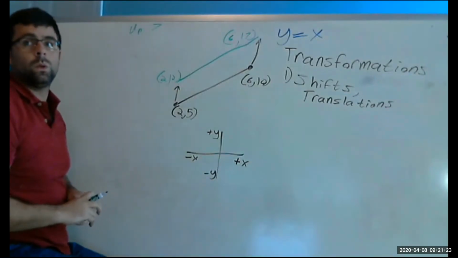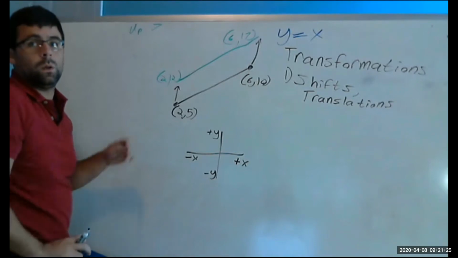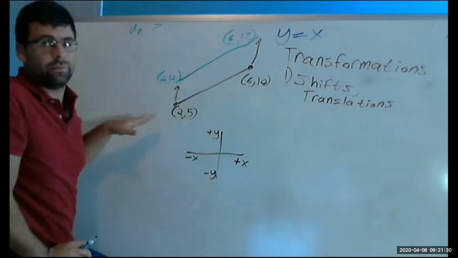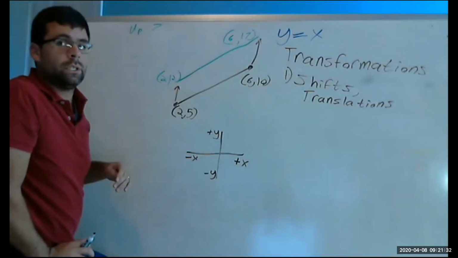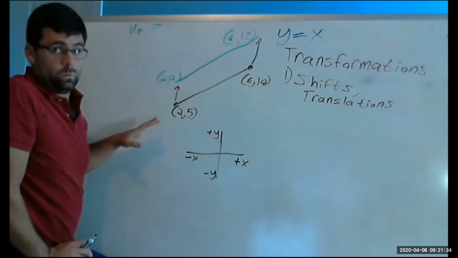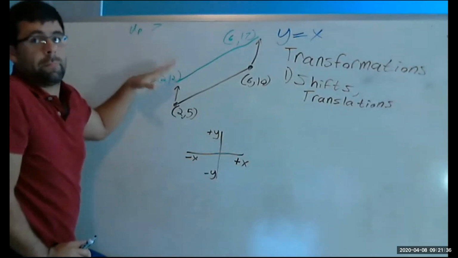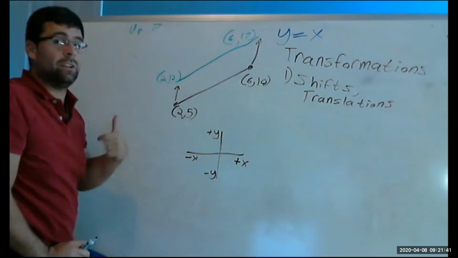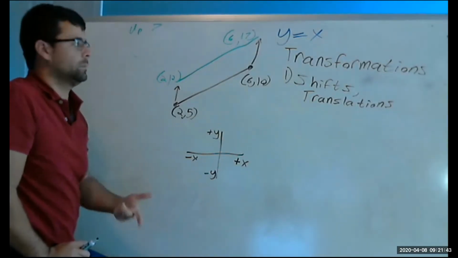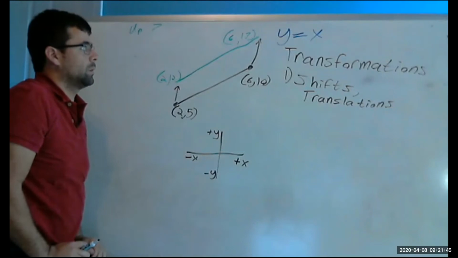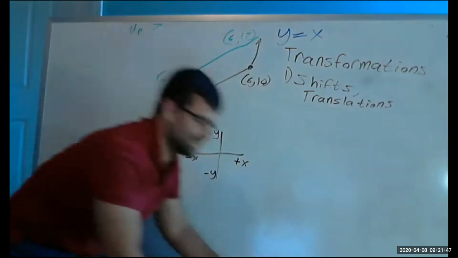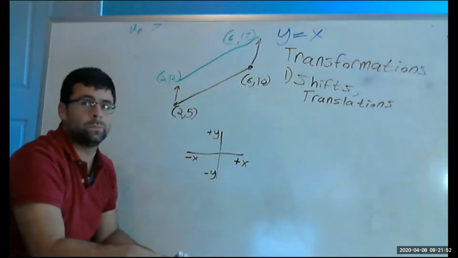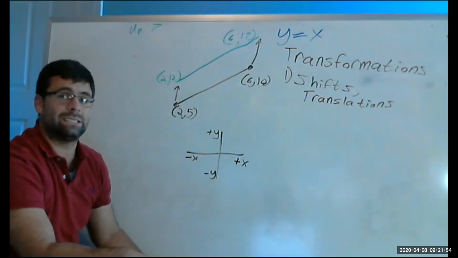So this is true for every point, because remember, a line is made up of a bunch of different points. So if you shift up, then every point has 7 more added to it. Every y coordinate has 7 more. Okay? Well, what if we went down?